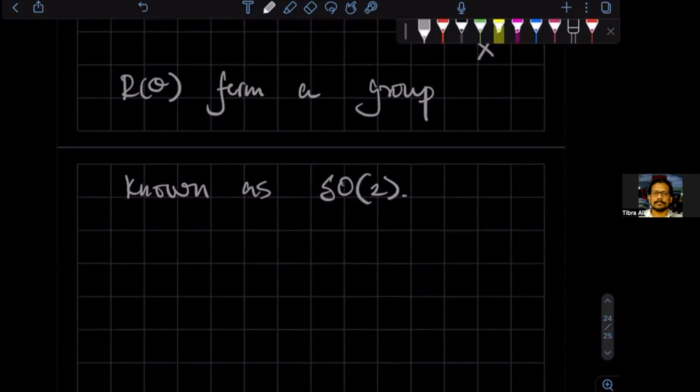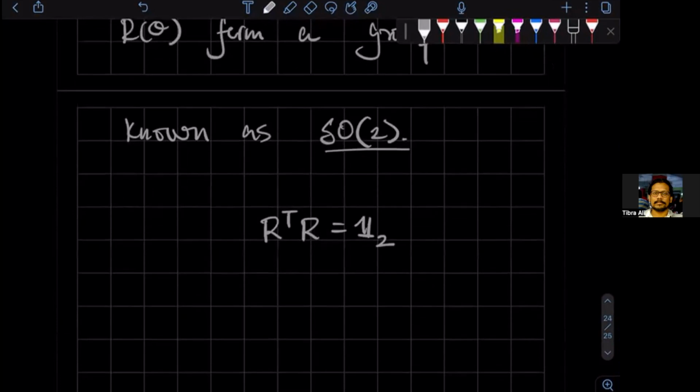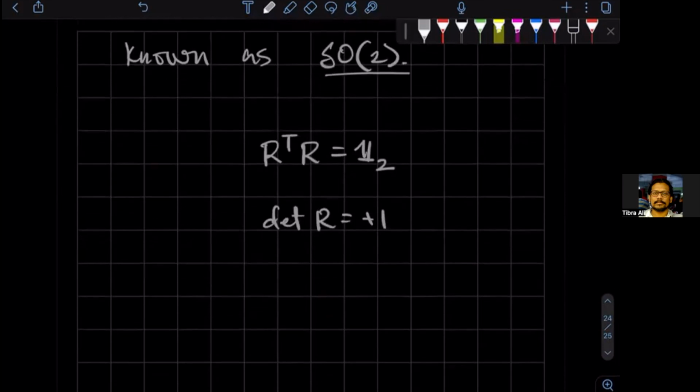So what I wanted to say is that these are orthogonal matrices, let me just use R, which satisfy this condition, okay? 2 by 2 matrices which satisfy this condition are called SO2, as well as the determinant of R is +1, because there's an O2 as well, which includes reflection on a plane.